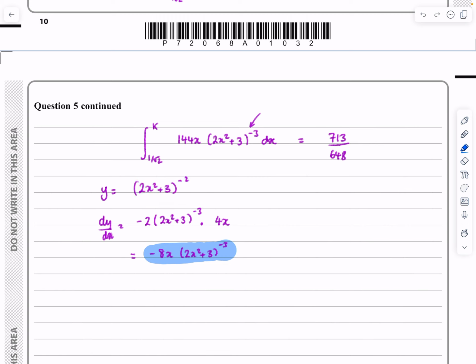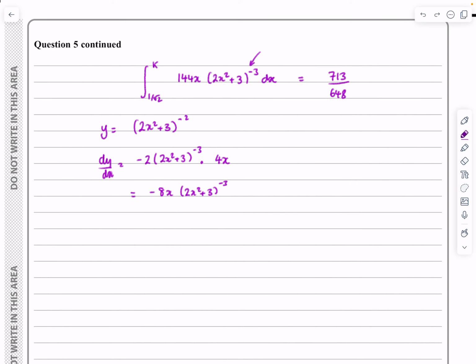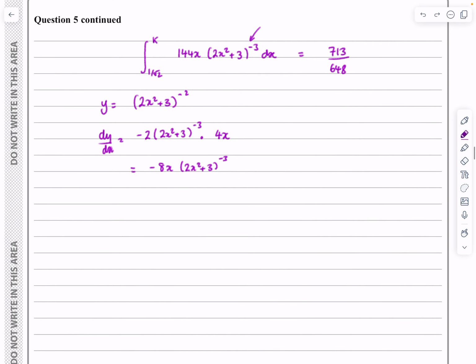Well, I haven't got the integral of minus 8x that. I've got the integral of 144x. So that's only a multiple out. What I'm now actually able to do is quite quickly say, okay, so the integral of that bit up there, I'm actually going to integrate it now, is in order to have ended up with (2x squared plus 3) to the minus 3 and the 144x, I must have had minus 18 lots of (2x squared plus 3) to the minus 2 there.